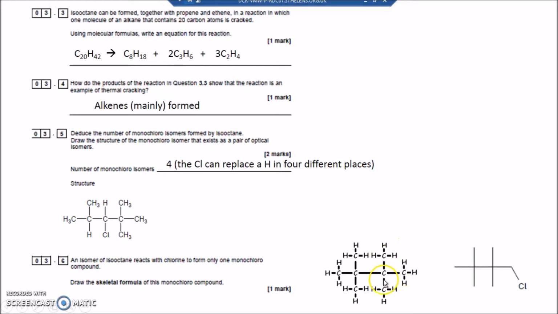If I replace all of the carbons with lines, so I've got 1, 2, 3, 4, 1, 2, 3, 4, so I've replaced all these carbon backbones with lines, and then I've drawn a Cl off this one here. But you could draw your Cl off any of those carbons in any direction you wanted to make the monochloro compound. You have to draw the skeletal formula, so you've got to draw it in this way.